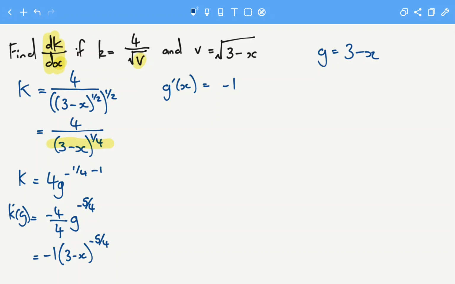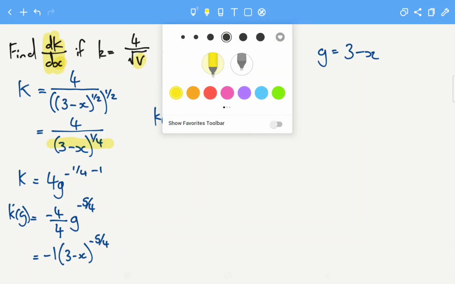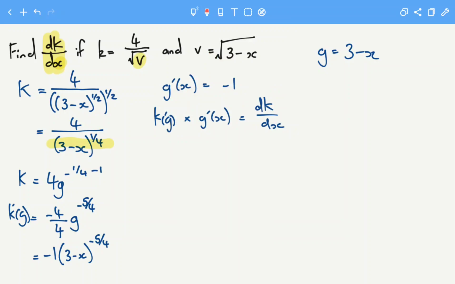And again, we know that differentiation of k in terms of g multiplied by the differentiation of g in terms of x will give you, in this case, dk over dx, your final answer. So we know that differentiation of k in terms of g equals this.